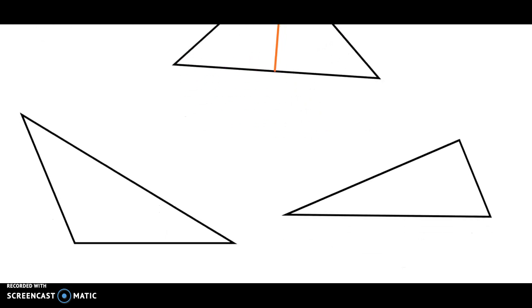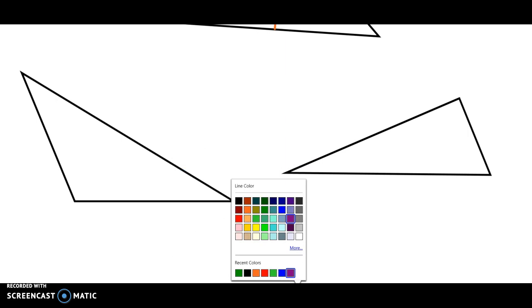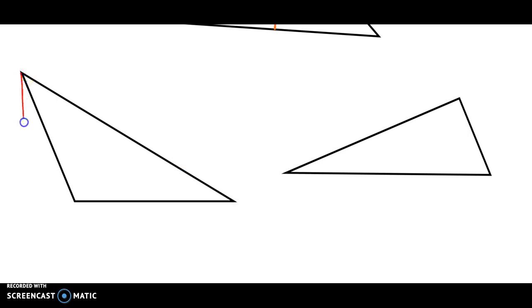Now let's look at this one on the bottom left. Where would I have to draw a line that is representing the height of this mountain? The left side, how? Outside, that's correct. So here's the top of the mountain, right? Straight down would be the height of that triangle.